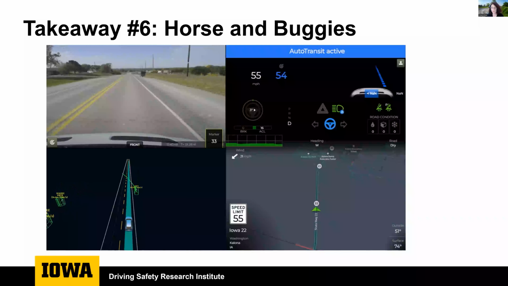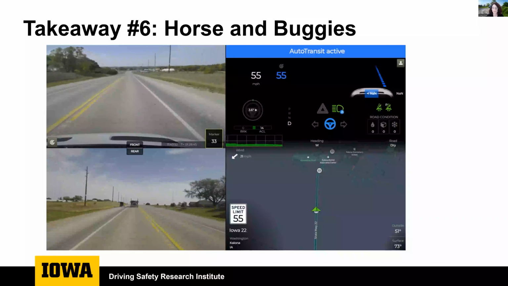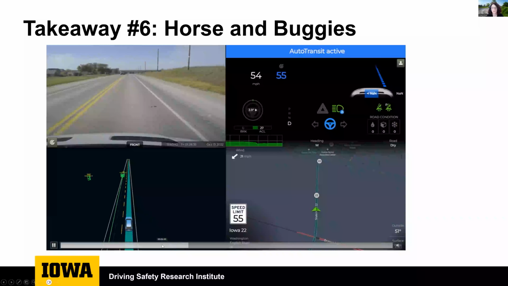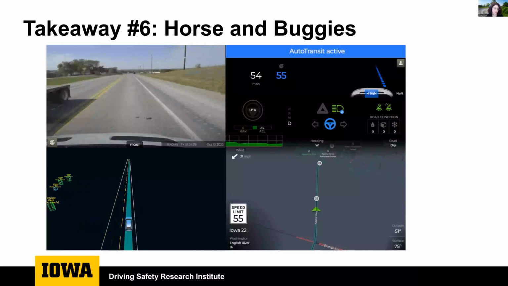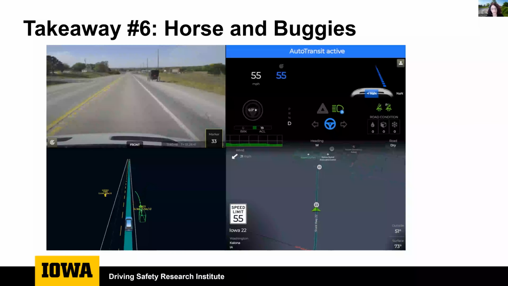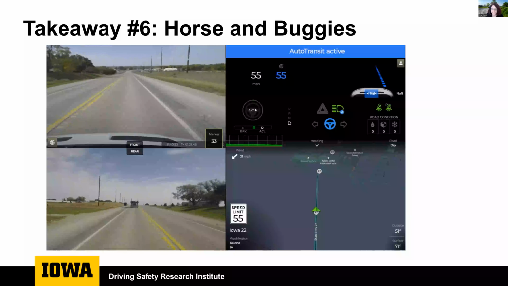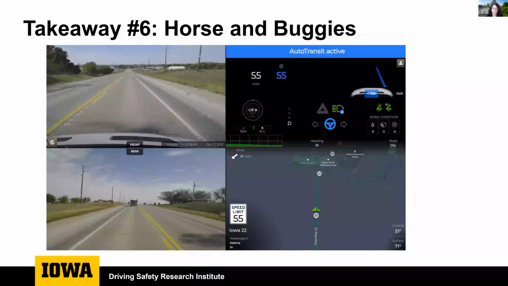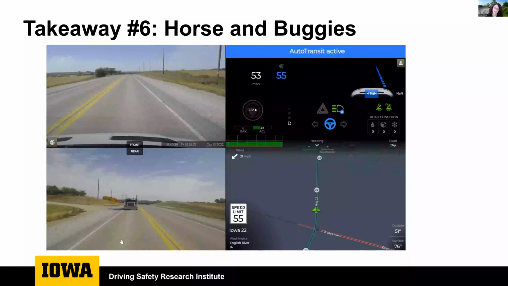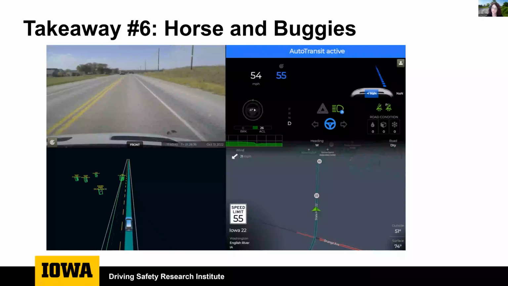If they're slower and they have to drive on the road, we're going to encounter some of the similar issues that we did with the farm equipment, where the automation could be following for miles, queue of vehicles getting backed up. So that's just the amount of things that the automation needs to consider when driving on rural roads and horse and buggies. With that, I am going to pass it over to Cher Carney to discuss takeaway number 7.